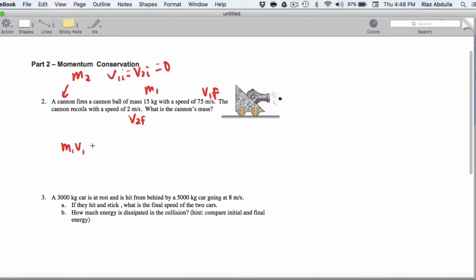So we have M1 V1 initial plus M2 V2 initial equals M1 V1 final plus M2 V2 final.